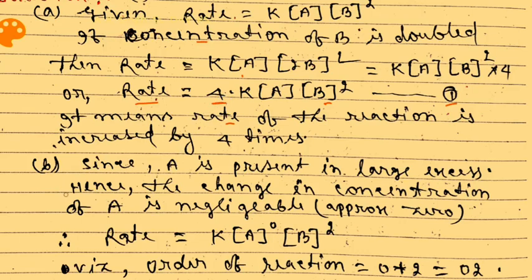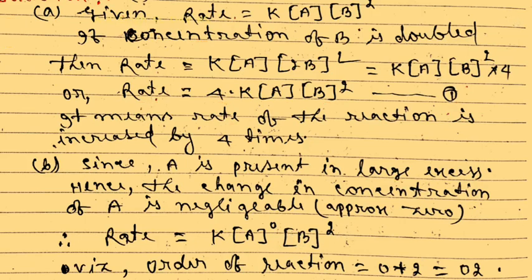Second, since A is present in excess or in large amount, the change in concentration of A will be negligible. Therefore, rate will be equal to K into concentration of A power 0 into concentration of B power 2.